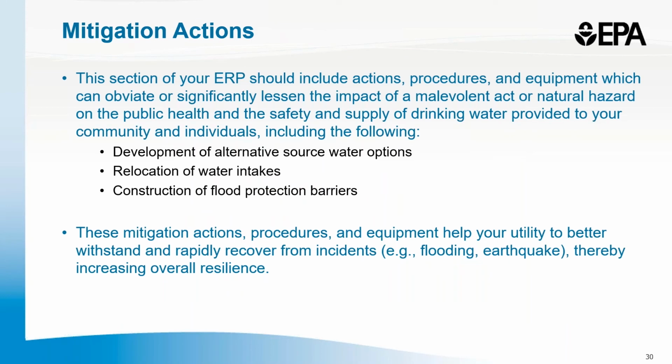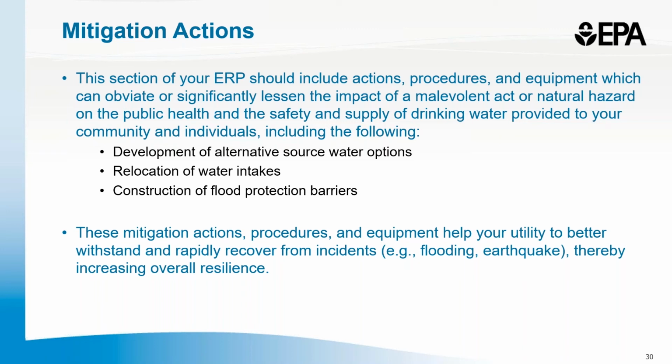The next section of the emergency response plan is mitigation actions. And these are actions, procedures, and equipment that can help to reduce the impact of a malevolent act or natural hazard.